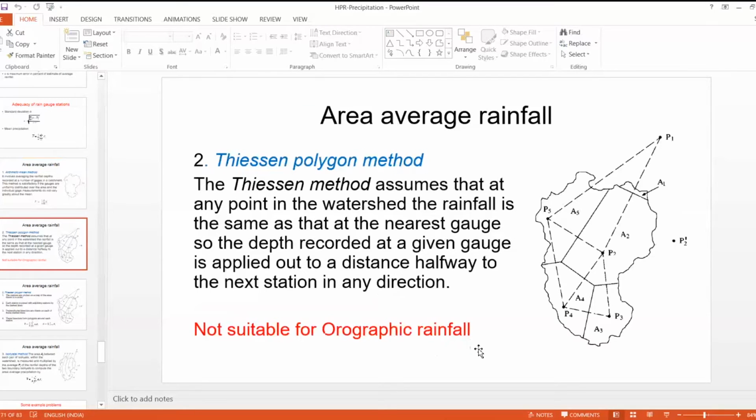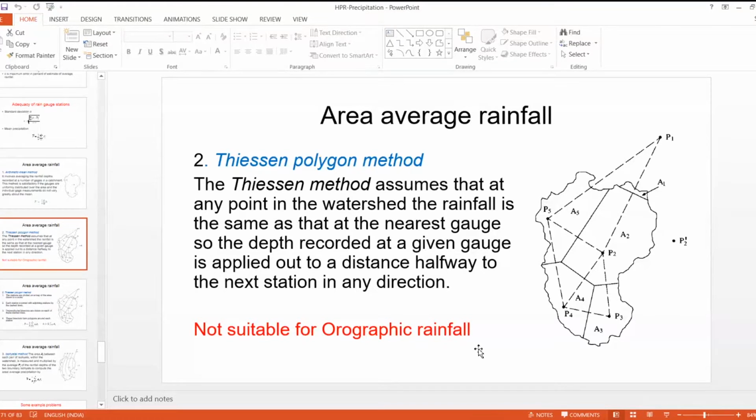In the Thiessen polygon method, the principle is that the rainfall at any point in the watershed is the same as the rainfall at the nearest rain gauge. That is the principle behind the Thiessen polygon method.